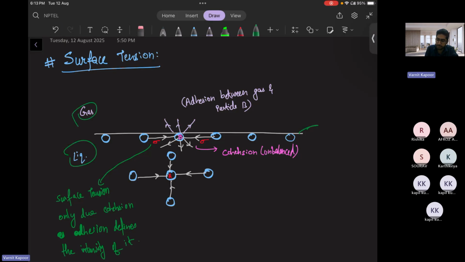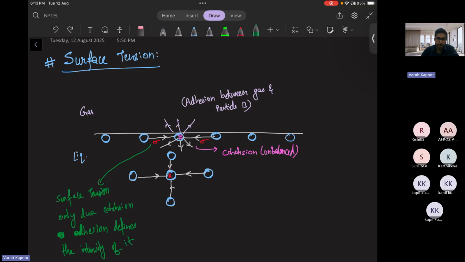gas and liquid interface. There in the liquid, there are molecules of liquid, as you observe. Suppose we take a molecule A of the liquid, which is surrounded by the neighboring liquid molecules. On the liquid particle A, the forces are acting.